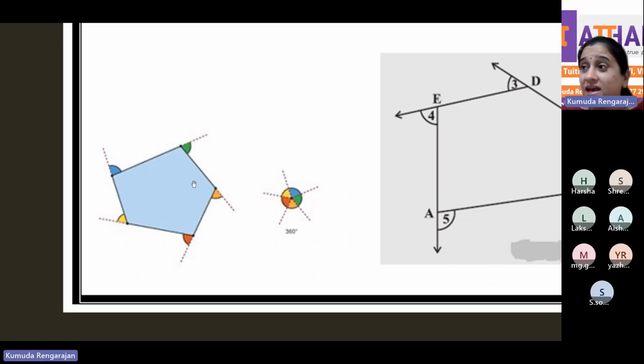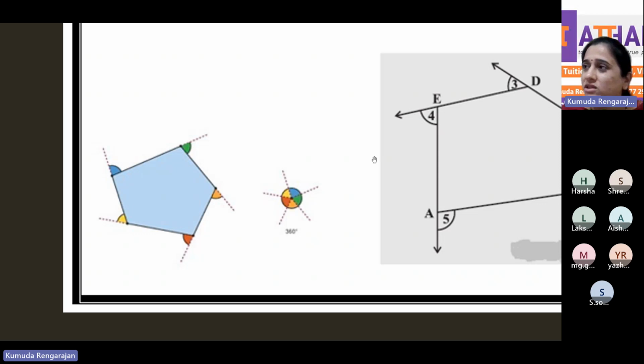The sum of the interior angles will be different. We've already seen that. In a triangle, the sum of the 3 interior angles is 180 degrees. But in a quadrilateral, the sum of the 4 interior angles is equal to 360 degrees.